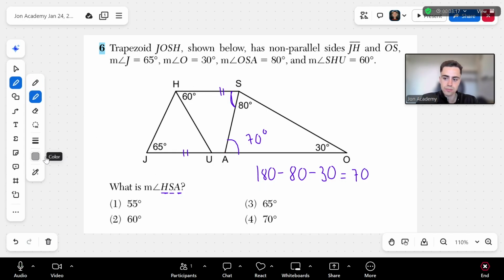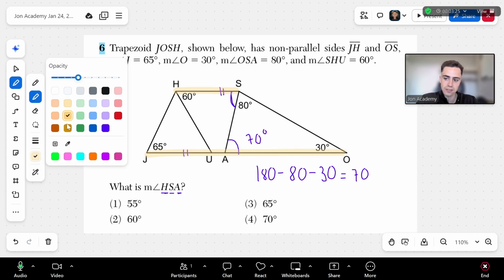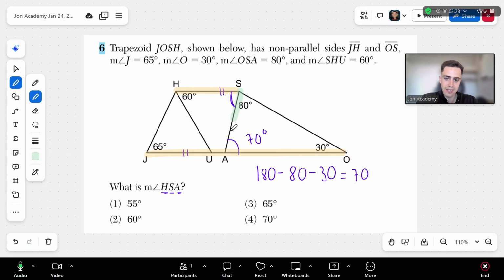As we have two parallel lines, and then a transversal line, we can color in green here. These two are going to be alternate interior angles. So this one is going to be also 70 degrees. Therefore, we are going for the fourth option here.